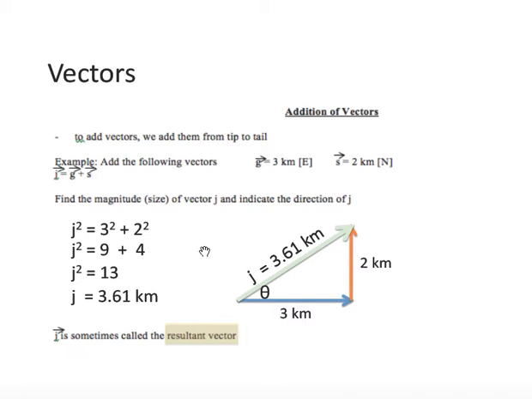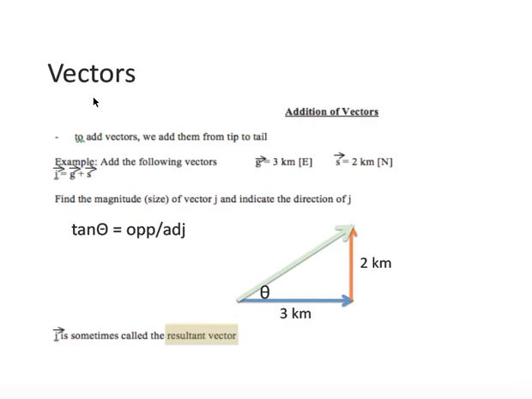Vectors always need a direction. That's important. And so we add an angle. This symbol for the angle is called theta, and that is traditionally the symbol that is used to represent an angle. How do we solve for angle theta? Well, we have to use some trigonometry.